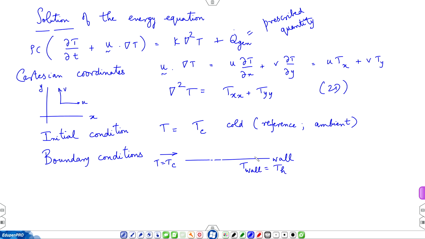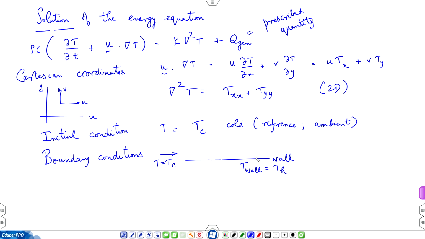So, the wall is at some temperature, maybe 55 degrees Celsius, and then you have air going over it or water going over it, but the fluid is getting heated up, but when it comes in it has an inlet temperature.